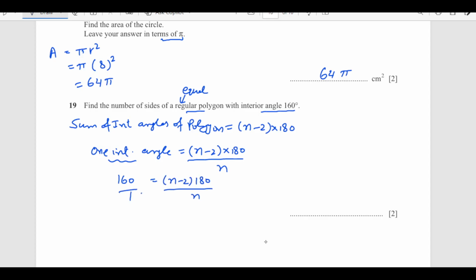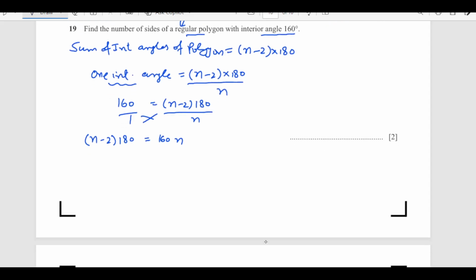So now I will cross multiply here, so n minus 2 times 180 equals to 160 n, right? Now we will just simplify this for n. So this is 180 n, we are expanding the bracket, minus 360 equals to 160 n.